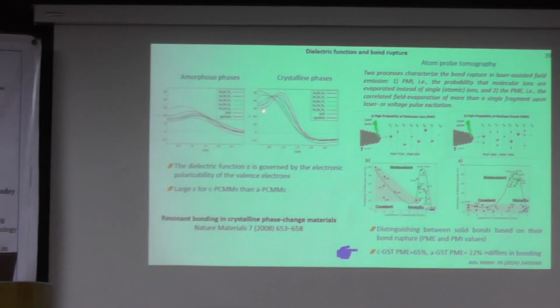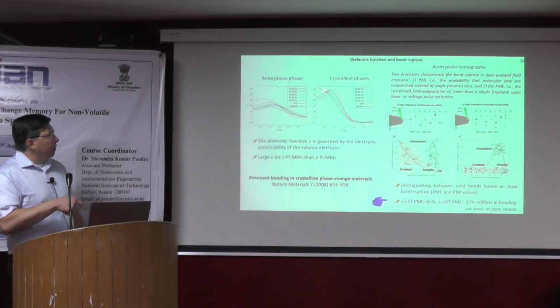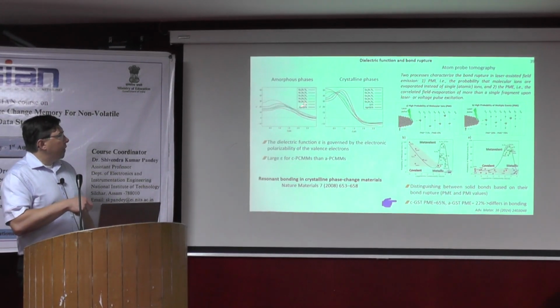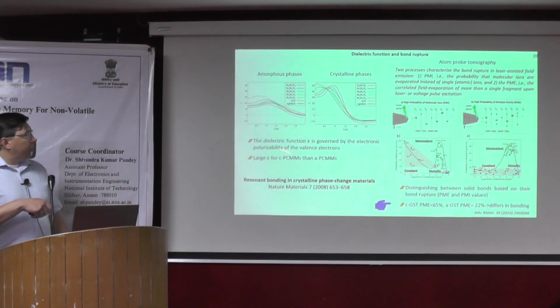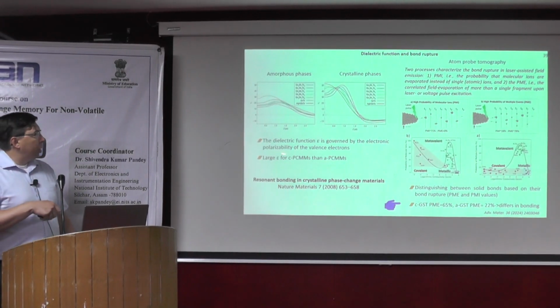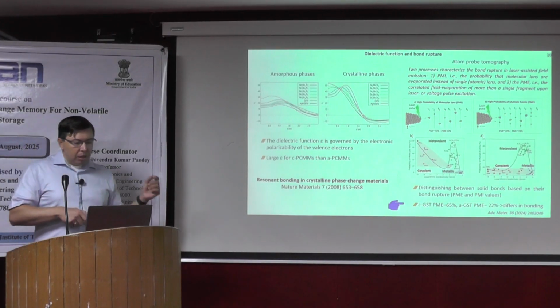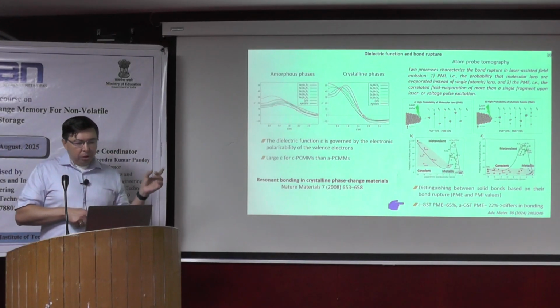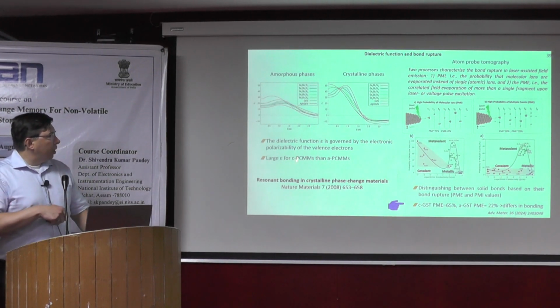In the crystalline phase, the dielectric function at a specific energy is much larger than for the amorphous material. This property of the dielectric function is governed by the electron polarizability of the valence electrons, and these valence electrons define the bonding in the materials. So epsilon is larger for crystalline materials than for amorphous.